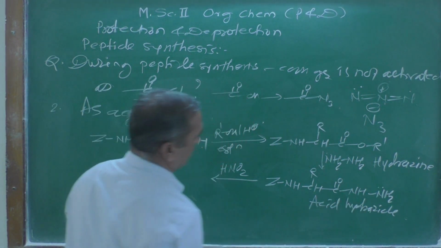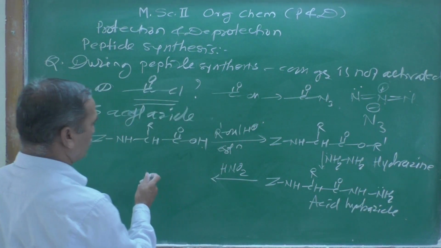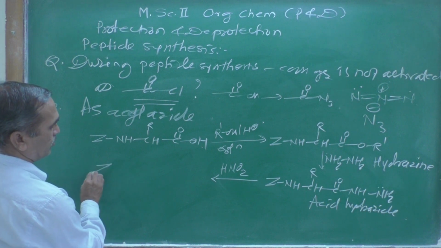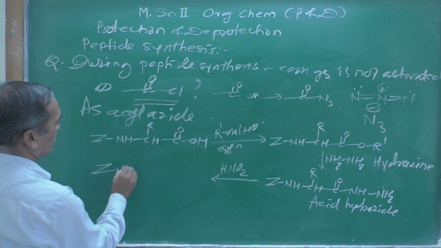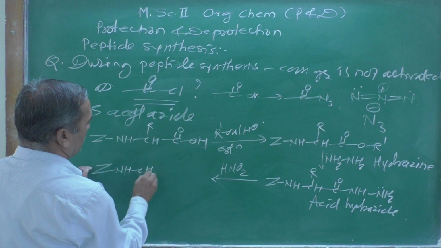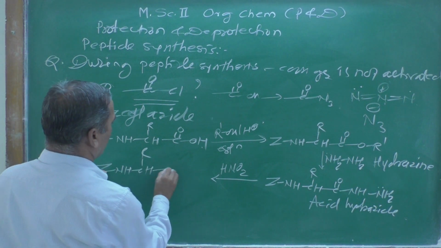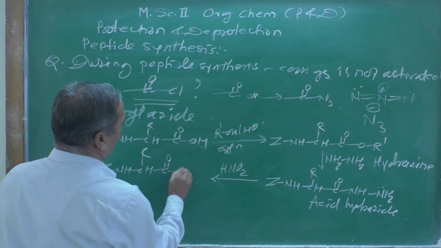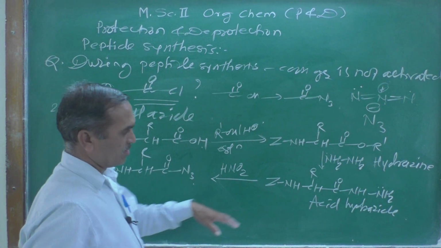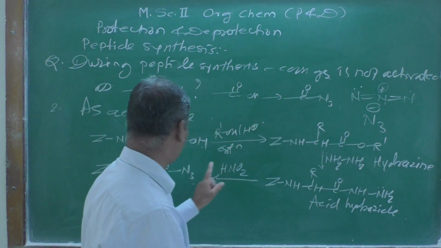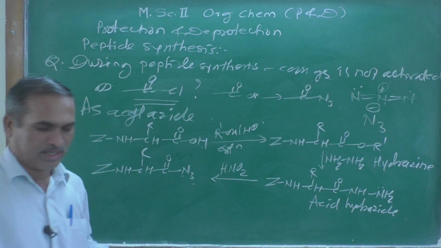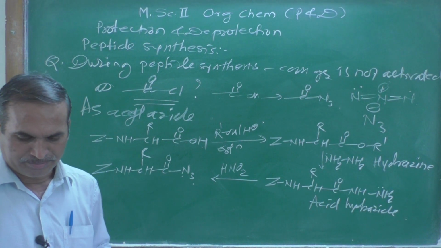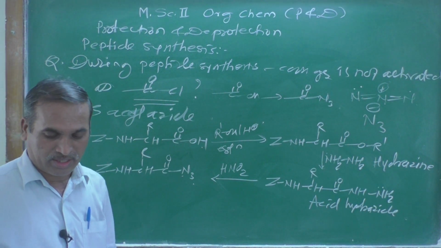This hydrazine group gets converted into Z, then NH, then CH, R over here, then C double bond O, and you can write N3. This group is converted into that azide. So we prepared the azide over here.